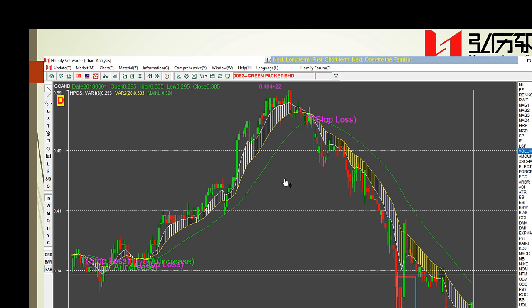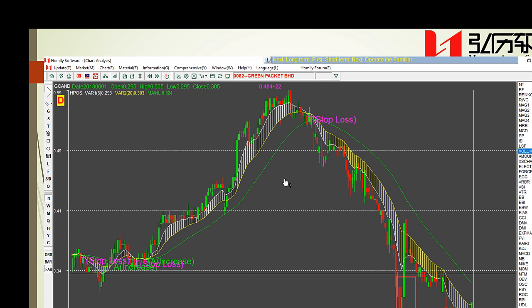So here we should know the price opens here, and then maybe it pulls back to the green line and gets support from the green line, then continues to move up and comes back to here, and closes with a young candle, but with the lower shadow and also the upper shadow. So what do we think about this?